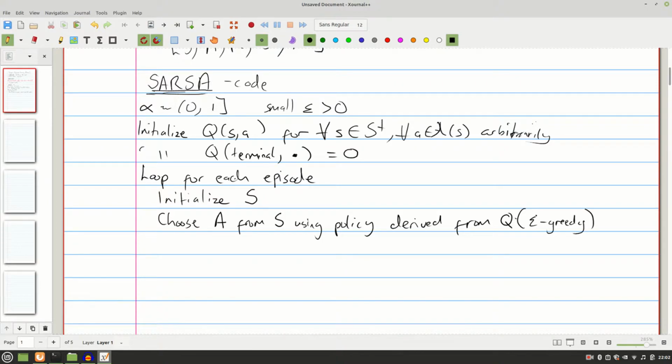So basically, we're in the initial state, and we choose A according to some initialized policy, because we initialize all these Q values, but we have an initial arbitrary policy that we start with anyway. So we're using that policy to determine what our action is. Again, this should be pretty straightforward.